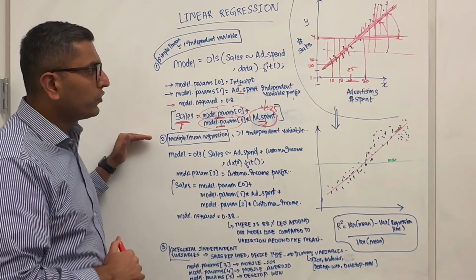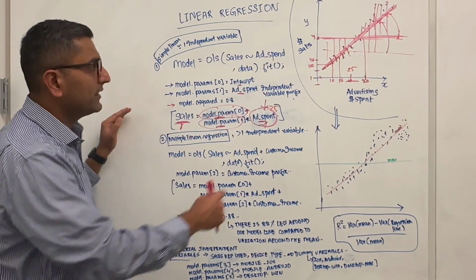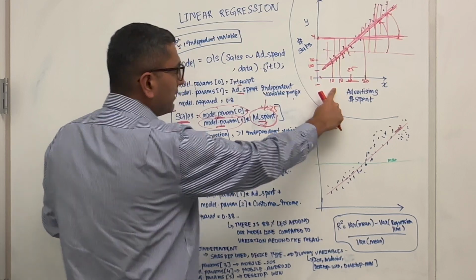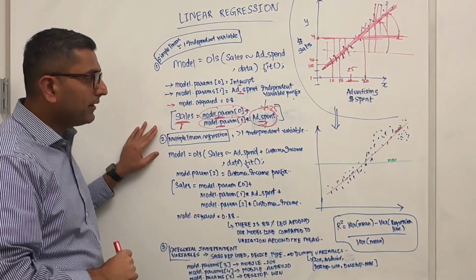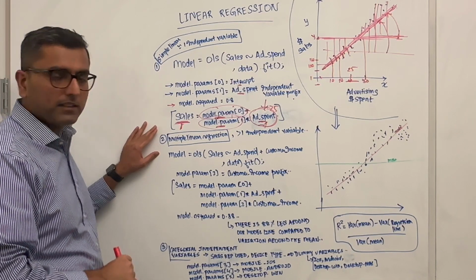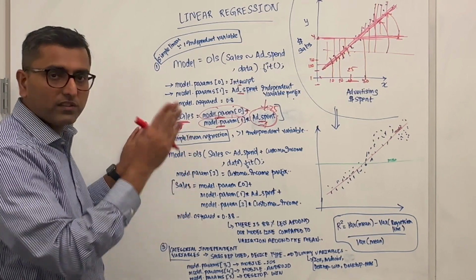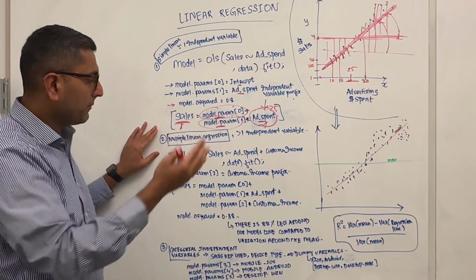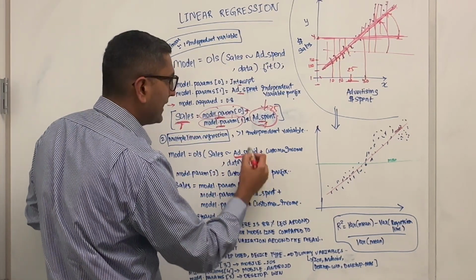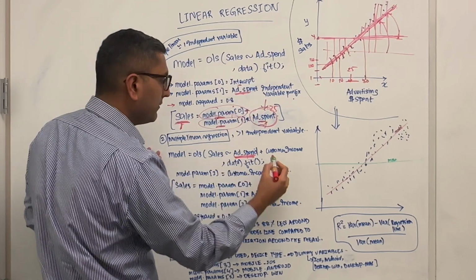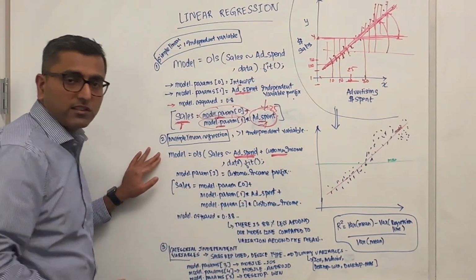That's a simple linear regression because there's only one independent variable used to predict the dependent variable. But if you have multiple independent variables, then we call it multiple linear regression. Again, it assumes a straight linear relationship. In that case, you can give it multiple parameters. Ad spend was one of those independent variables. You can also give it the customer income.